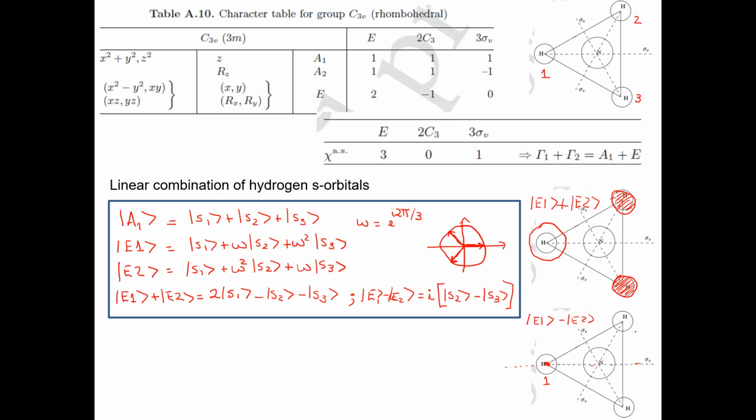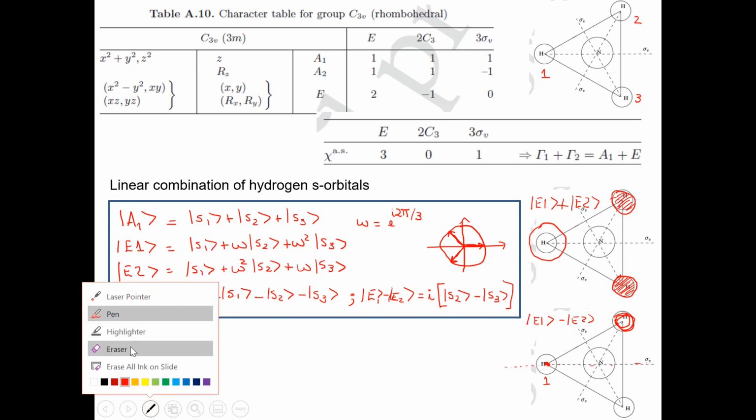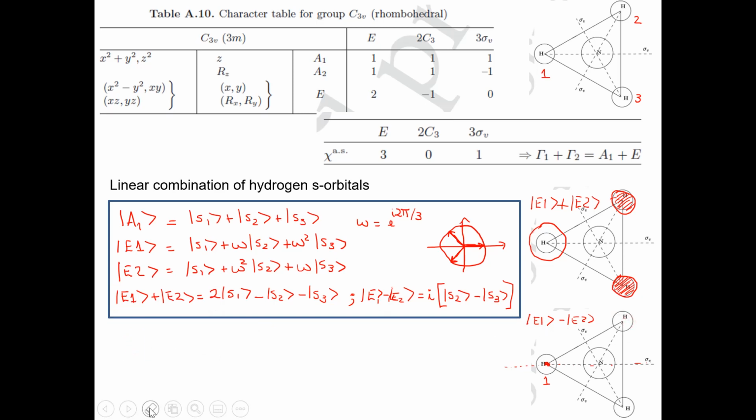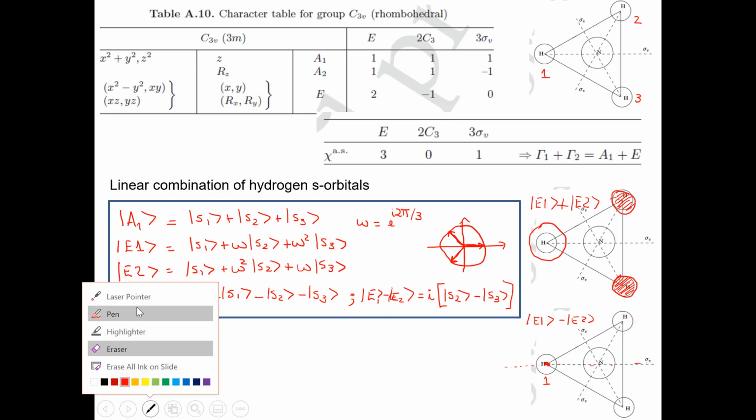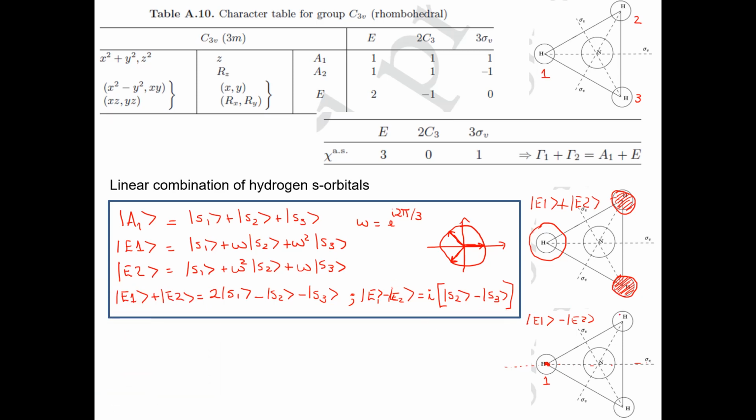And it has different signs: positive for s2 and negative for s3. This is an interesting way to draw the wave functions as a combination of s orbitals in this molecule. These are the wave functions I get. Is it clear? Okay, very good.